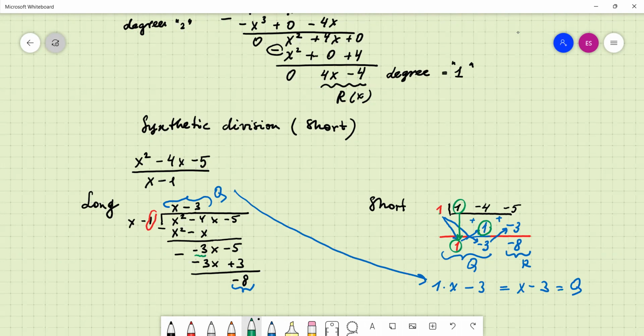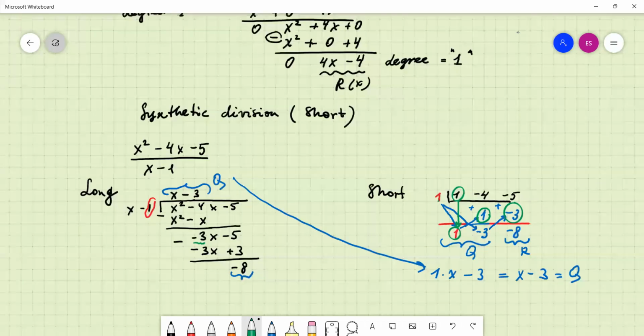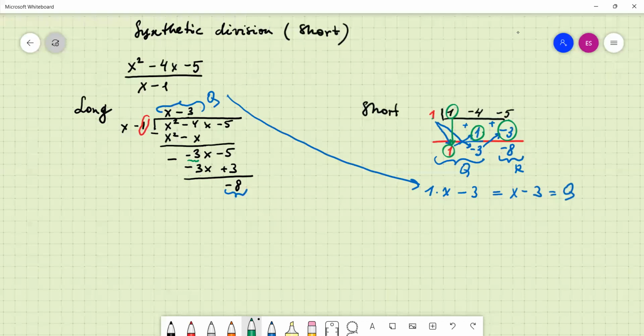And then you multiply 1 by negative 3 and again copy it here, and then add it to minus 5, and that's going to be the end of the process. I think short division is not very clear or transparent, and you'll need some practice to do it. I'm going to give you one more example of this synthetic division, okay?